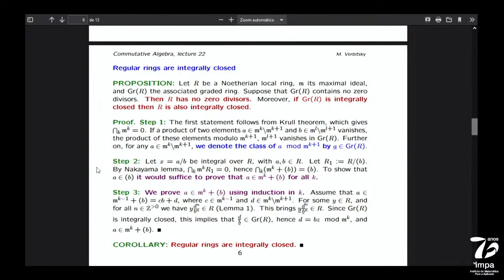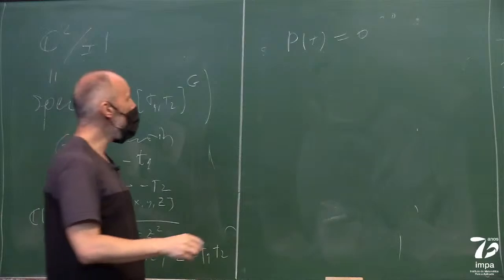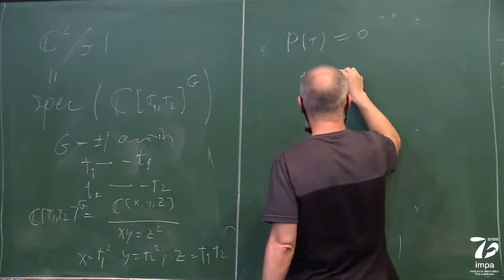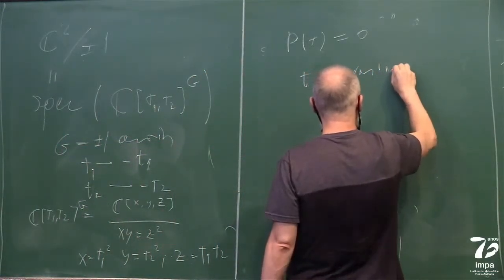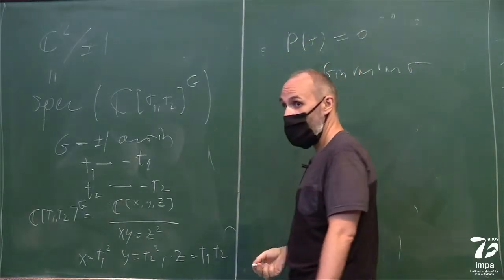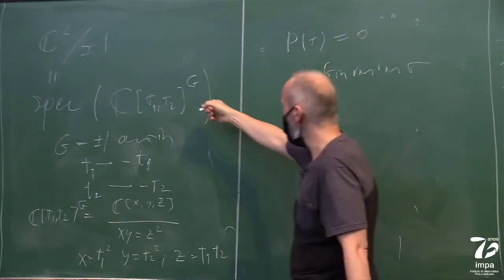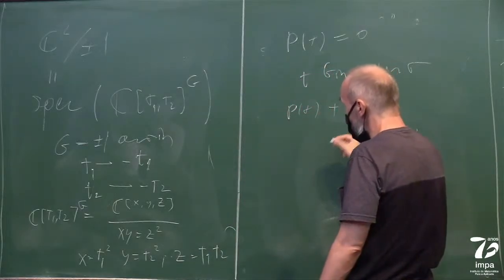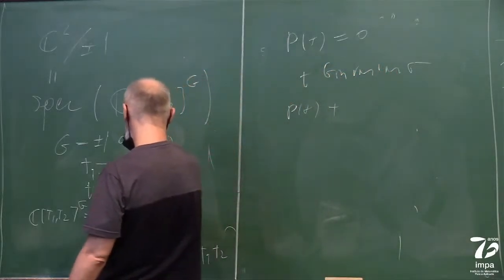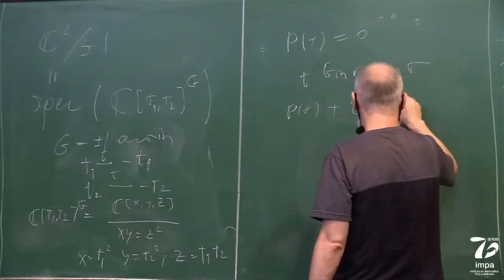If you have a monic polynomial P(t) equals 0, and we want to say that t is G-invariant, you can take P(t) plus, we have our group generated by plus minus 1, so let tau be the generator, tau of P(t).